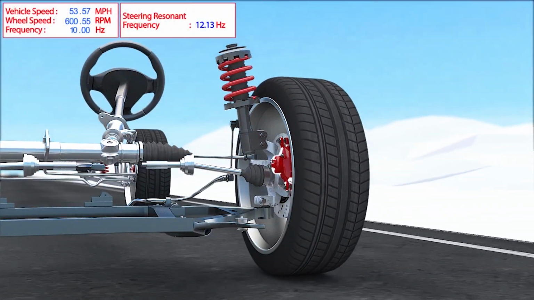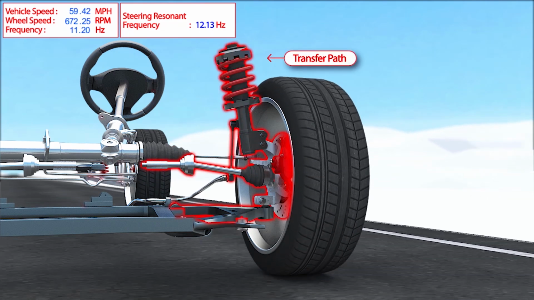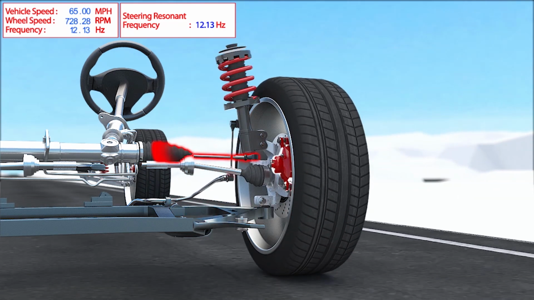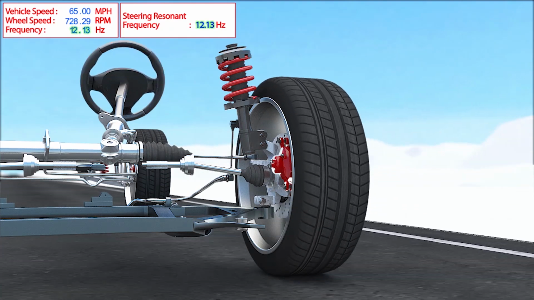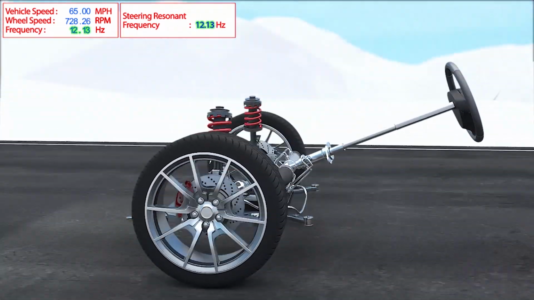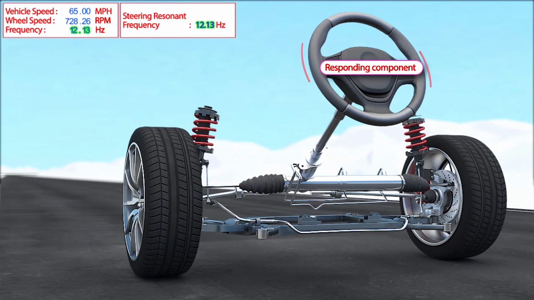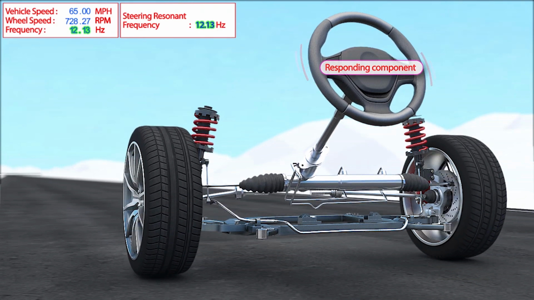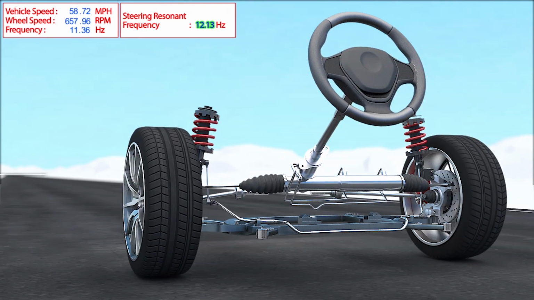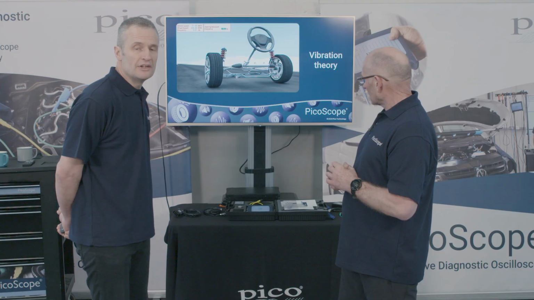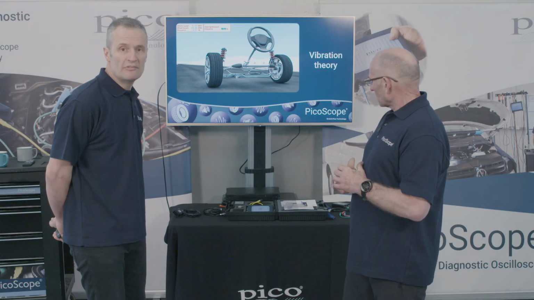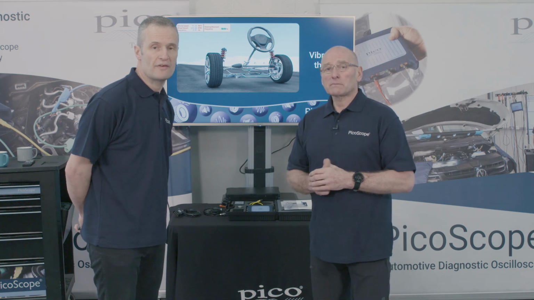It travels through the suspension, through the frame, and then of course into the steering column. The steering column acts like an antenna, and that is felt by the driver, who is actually holding the responding component. Something I'm sure we're all familiar with. And generally in this scenario, we rectify the source of our vibration.